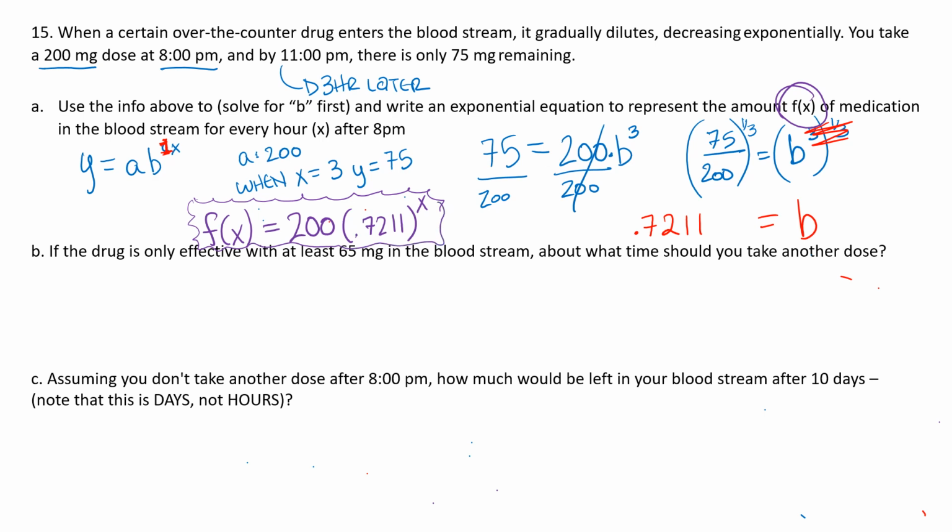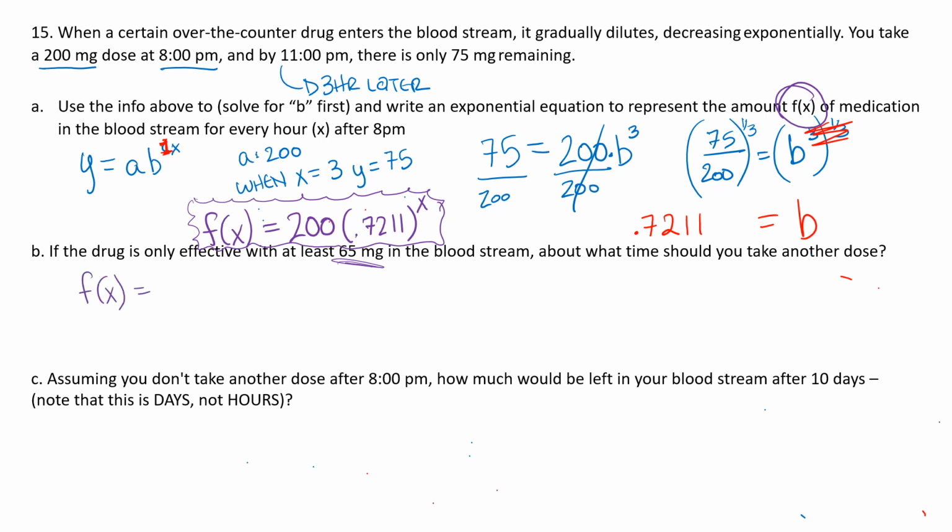Okay, part B. If the drug is only effective with at least 65 milligrams in the bloodstream, about what time should you take another dose? So interpret this a little bit. Where are you going to be putting the 65? 65 is the amount in the bloodstream. So that's technically the f of x. So I'm just going to rewrite my equation here.